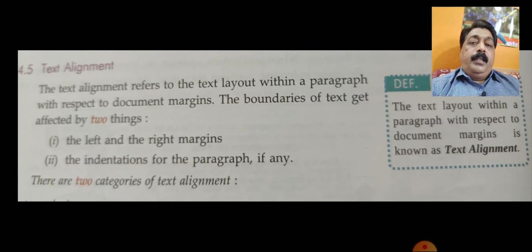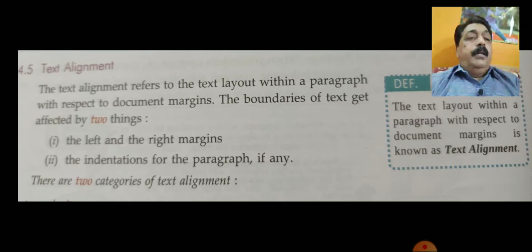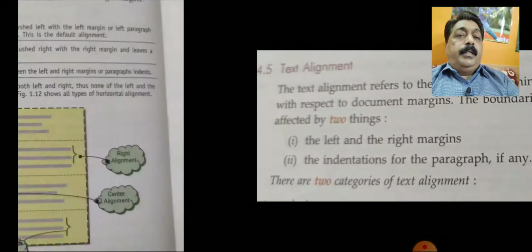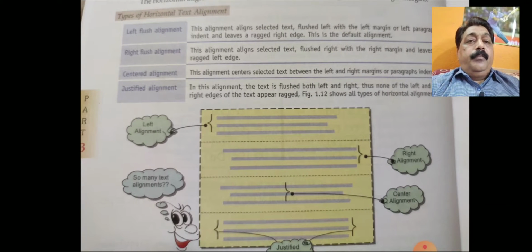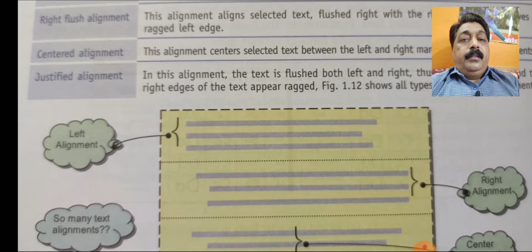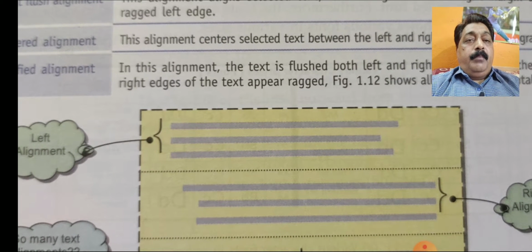And the fourth kind is where we can type the text from left to right in a proper way. So we can understand that in the beginning itself or after typing also, we can change the alignment of the text. It depends on us. The fourth type is justified alignment, from left to right we are writing completely.